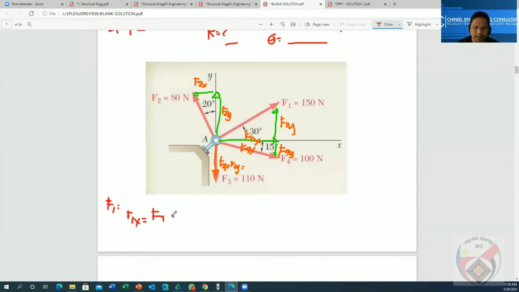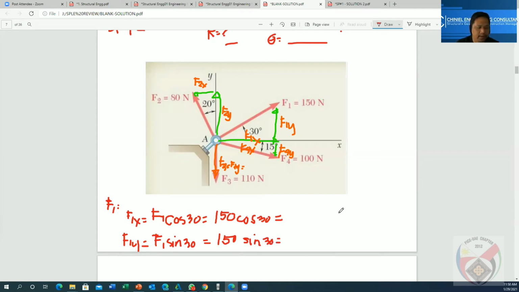So, cosine, correct. So F1x is F1 cosine 30 degrees, which is 150 cosine 30. And F1y is F1 sine of 30, so equals 150 sine of 30.